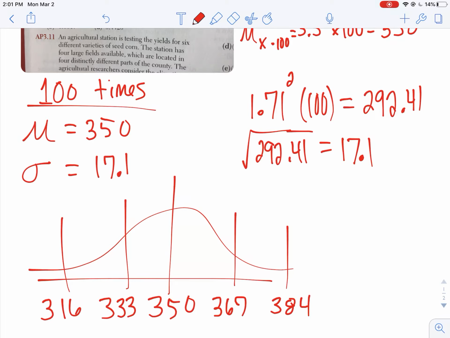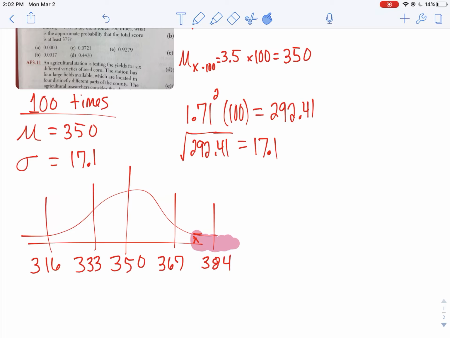Okay, and then I'm trying to find the probability of getting 375 or higher. Now, I'm just going to stick with normal distribution here. So what I'm going to do is norm CDF. You can go a couple of ways here. You can either figure out using your values here, or what I did was I used the z-score.